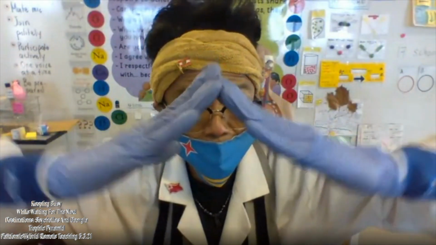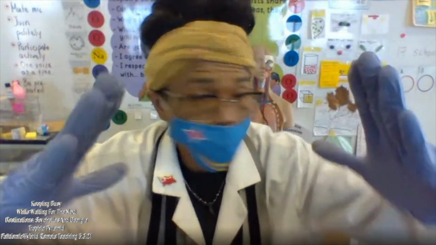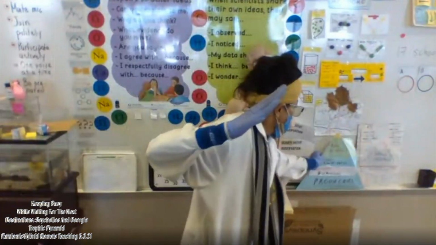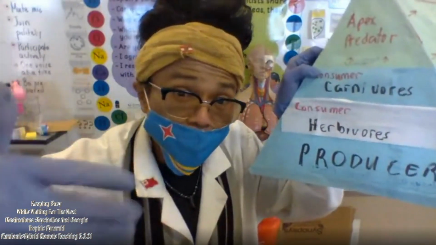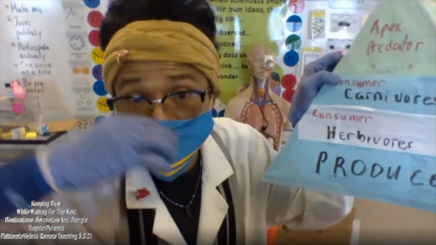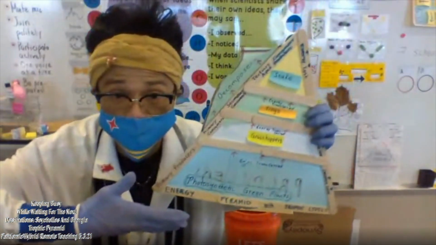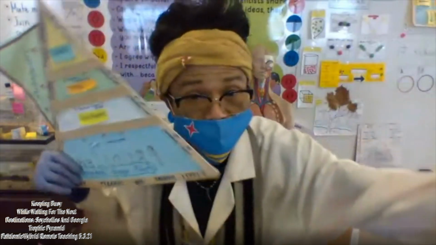This is a very important lesson because it is a combination of other lessons we have learned in the past, and we are going to be focusing on what we call a pyramid, or in other words, the triangle.